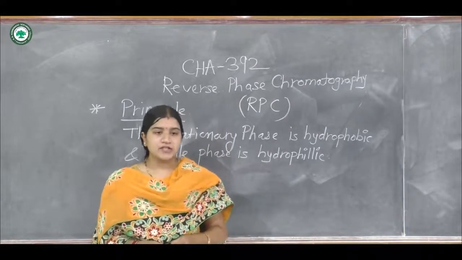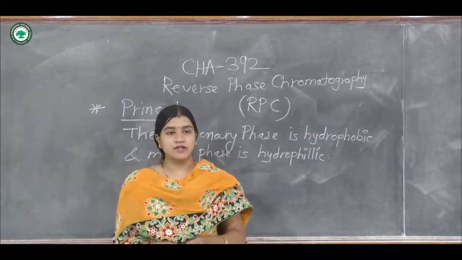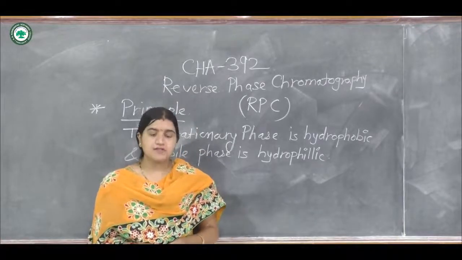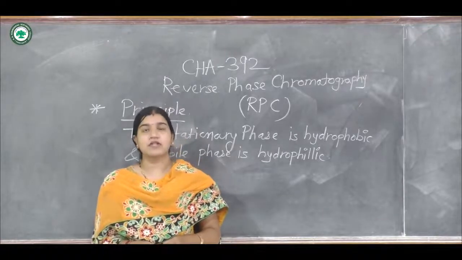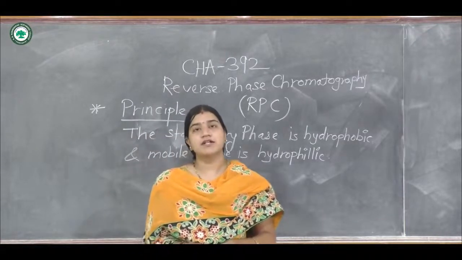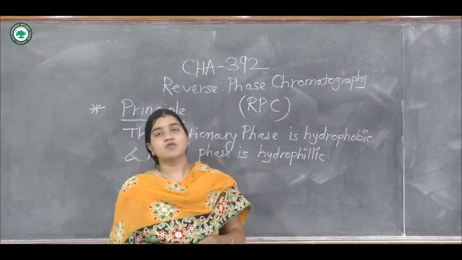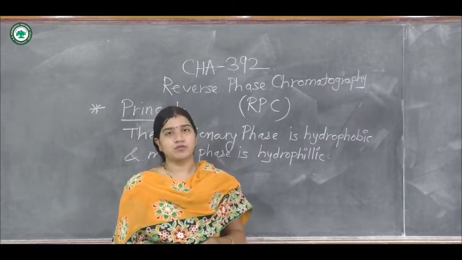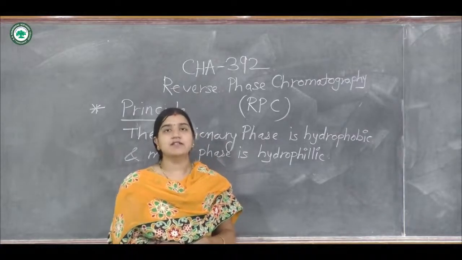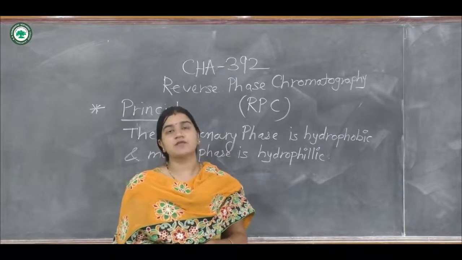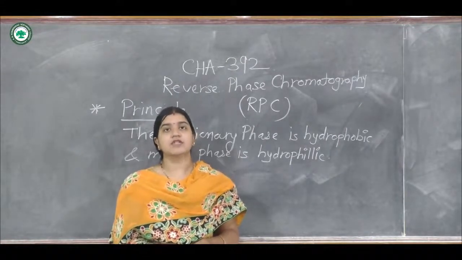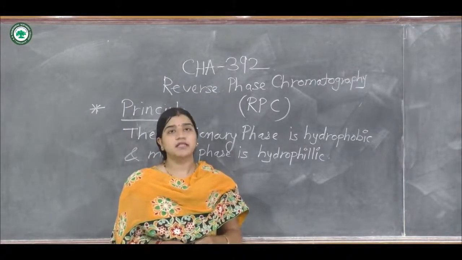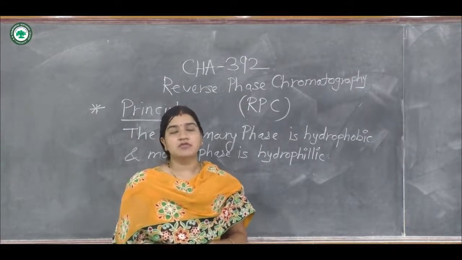If there is a stronger interaction between your stationary phase and your organic solvent, then the solvent will take more time to elute from the column. And if your organic solvent has a weaker interaction with your stationary phase, then it will elute out first.